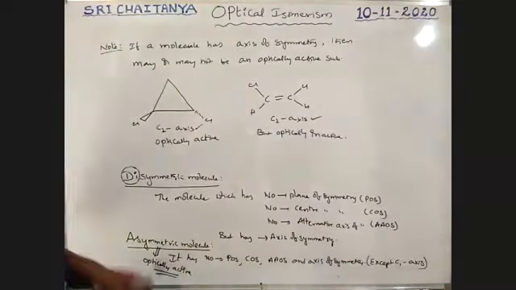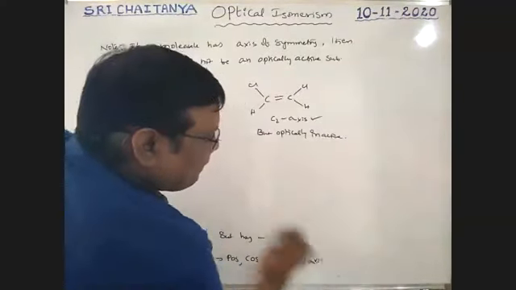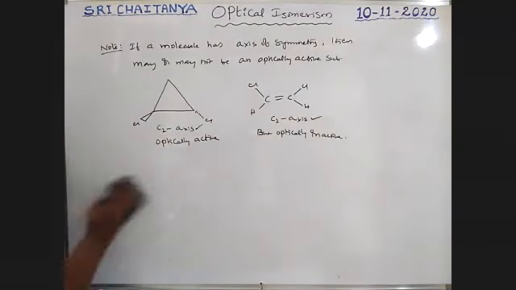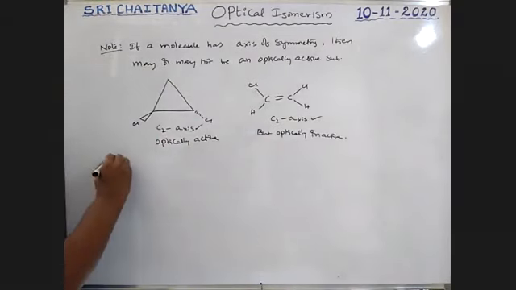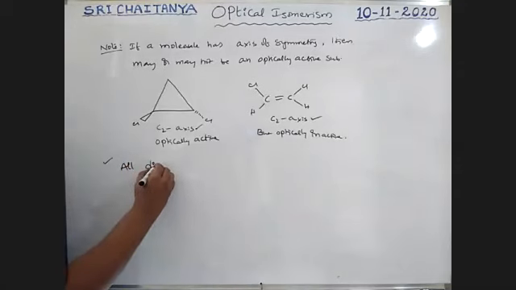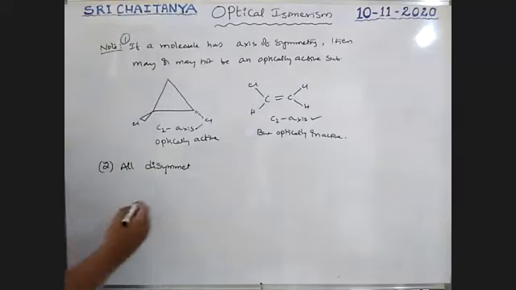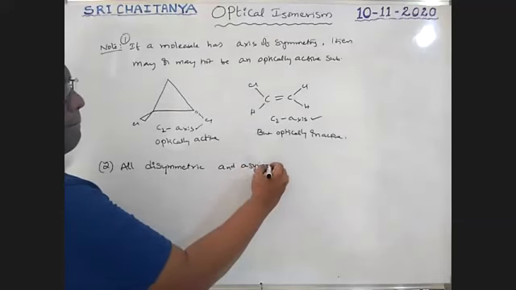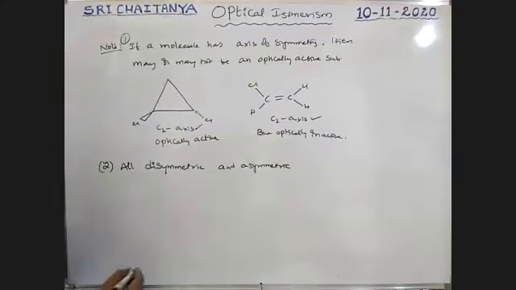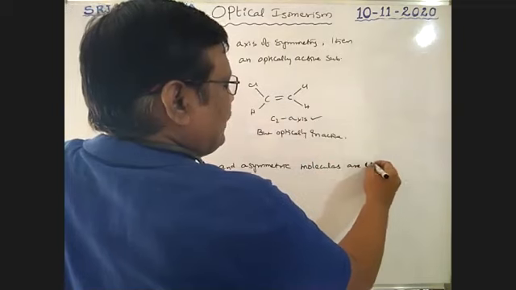Next point. All disymmetric and asymmetric molecules are chiral.